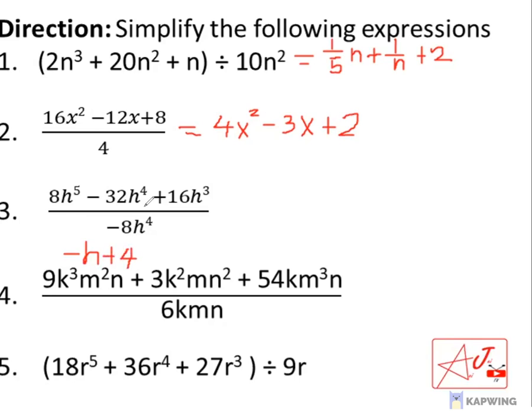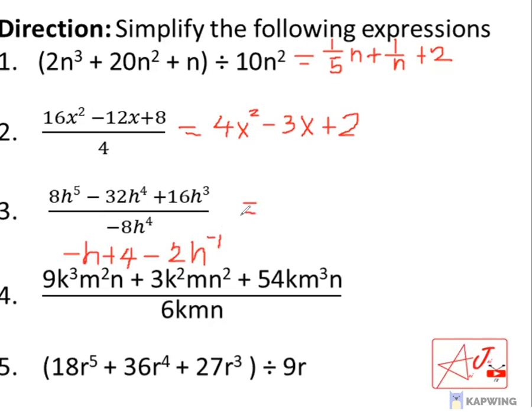Then, 4 minus 4 ay 0, kaya wala na tong variable. So, positive and negative ay negative. 16 divided by 8 ay 2. And then, 3 minus 4 ay 1. So, negative 1. Yan. So, ang ating final answer in this one, ayusin muna natin.